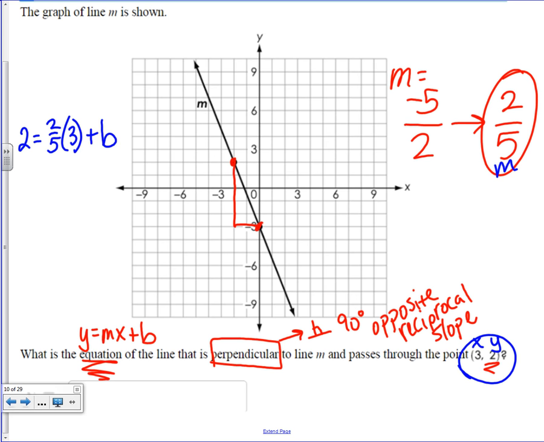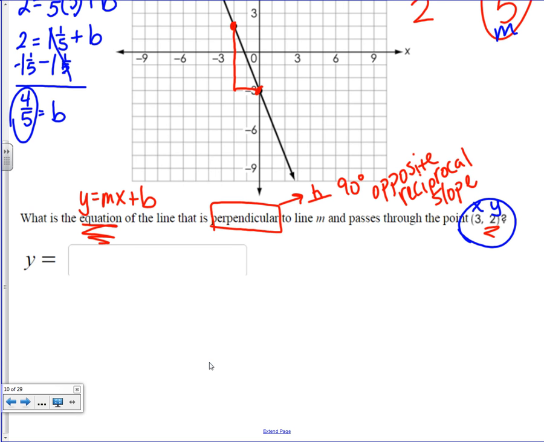So we need to multiply here. 2/5 times 3 is 1 1/5. Then we're going to solve for B, which means we're going to subtract 1 1/5. And I will get 4/5 is B. Now I'm ready for my final answer. Y equals my M, X, and the B we just found.